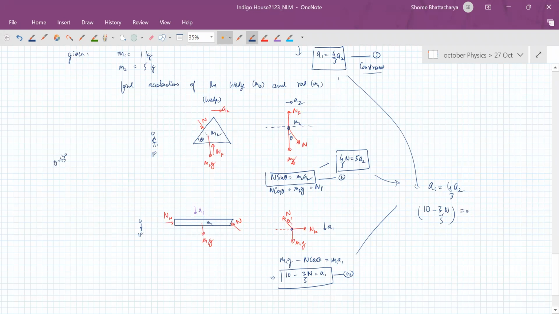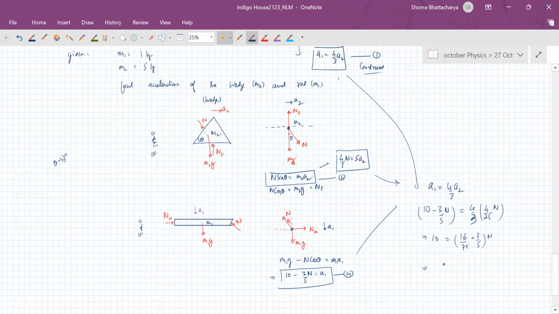And on the other side, A2 in this equation from here is 4 by 25 N. So this will become 15 into 3, 45, plus 16.